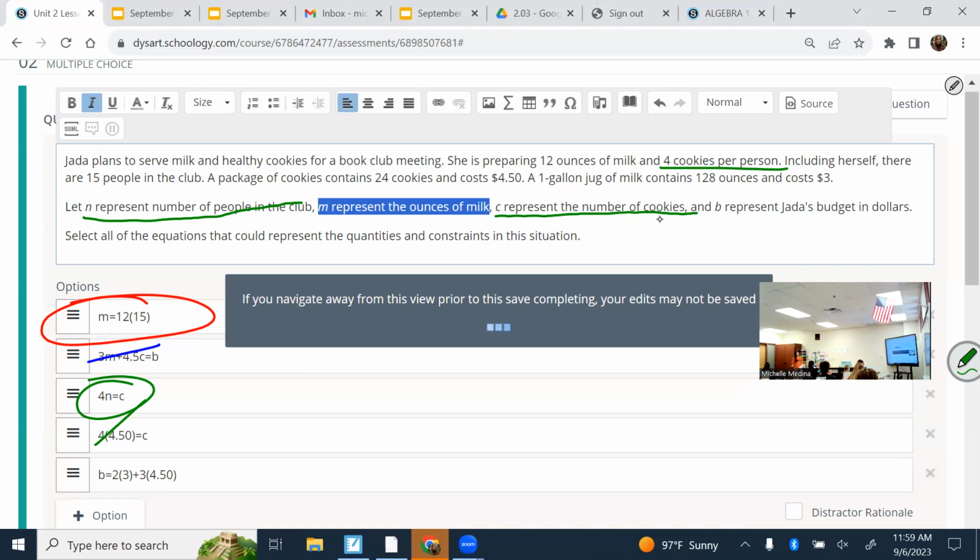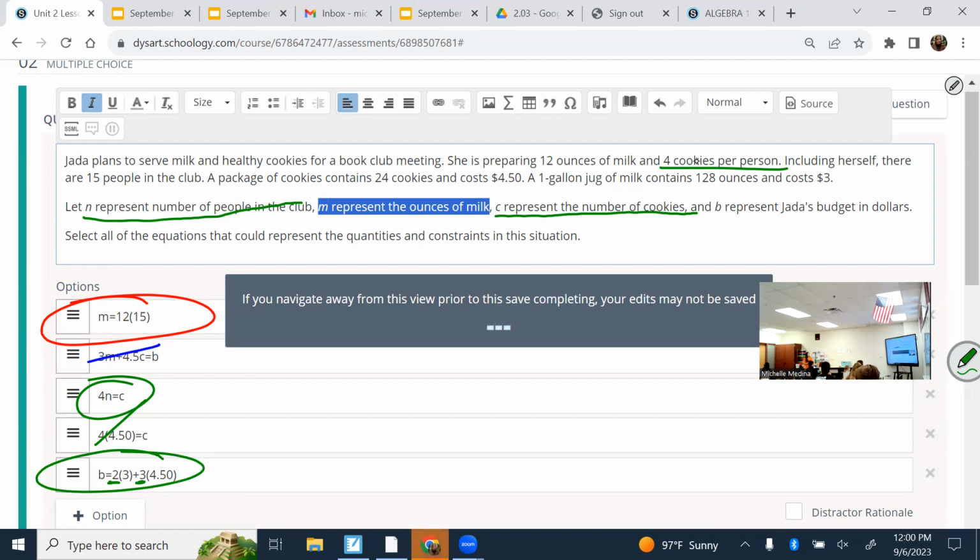All right, now the last one is for her budget, because B is her budget. Equaling 2 times 3 plus 3 times 450. So it looks like maybe she wants 2 gallons of milk and 3 packages of cookies. Could she do that? Yeah, and I think the math even works out too.